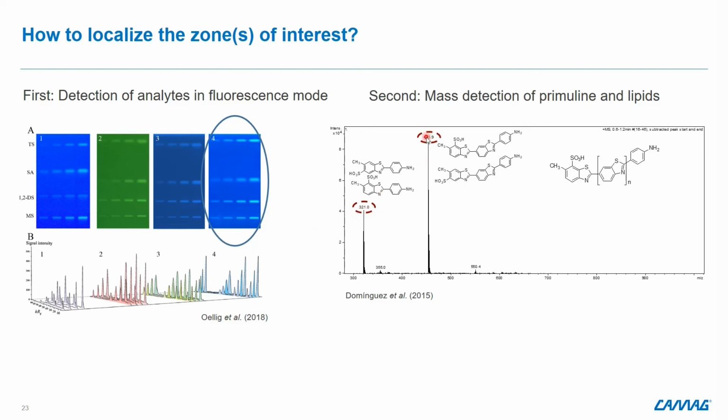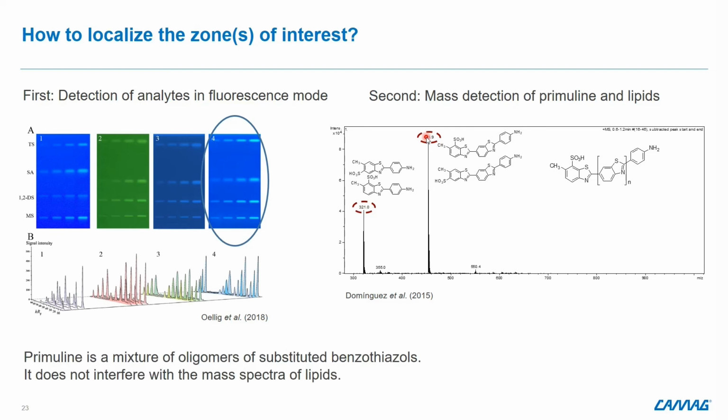So here you have signals from primuline and the lipids will have another mass spectrum. Primuline is a mixture of oligomers of substituted benzothiazoles. It does not interfere with the mass spectra of lipids.